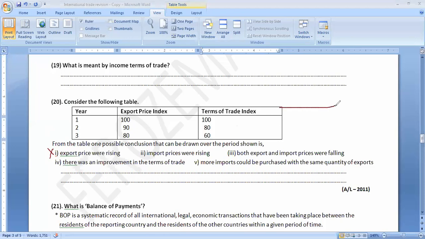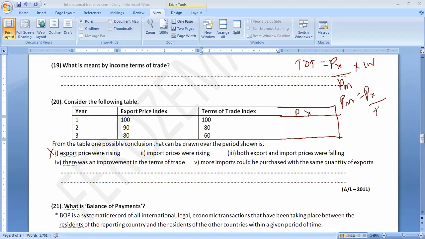So if I find the import prices, you know, TOT is equal to PX over PM into 100, no? Then what will be PM? I'm sending PM this side and taking the TOT this side. So PM is equal to PX over TOT into 100. Import price is equal to PX over TOT into 100.